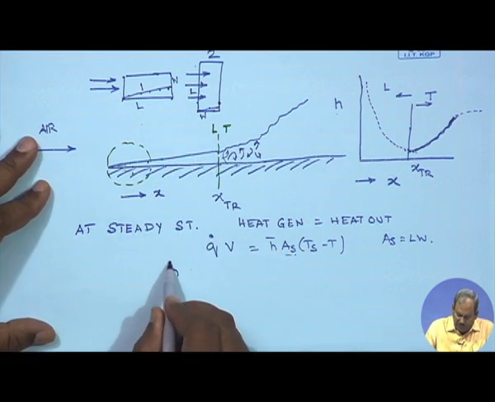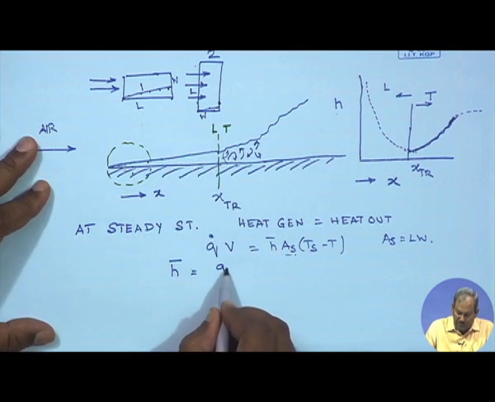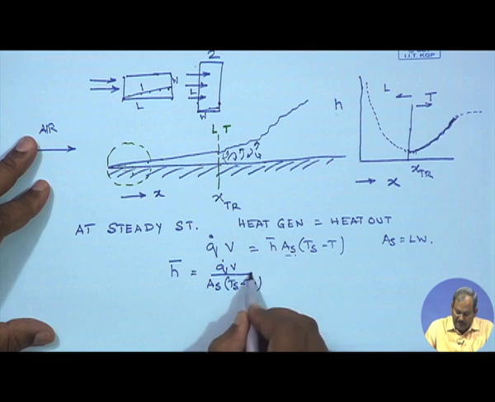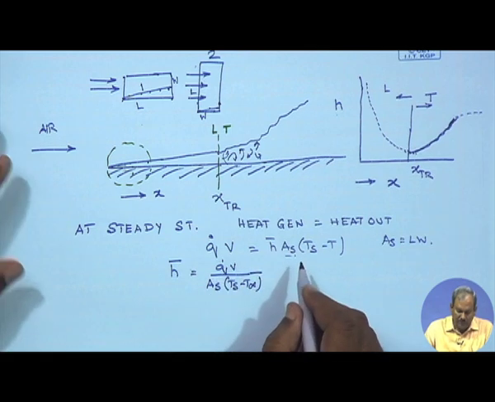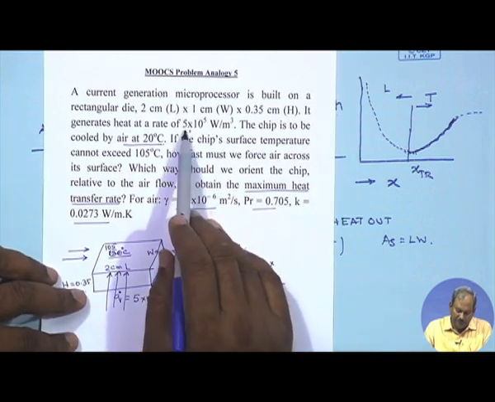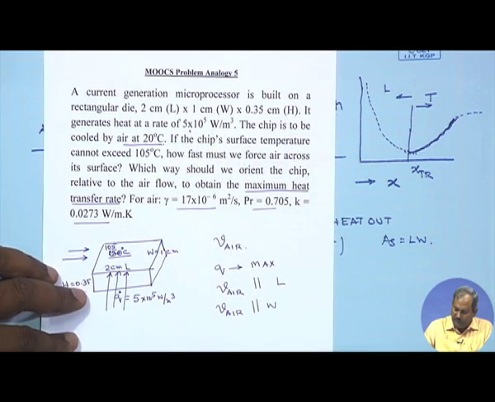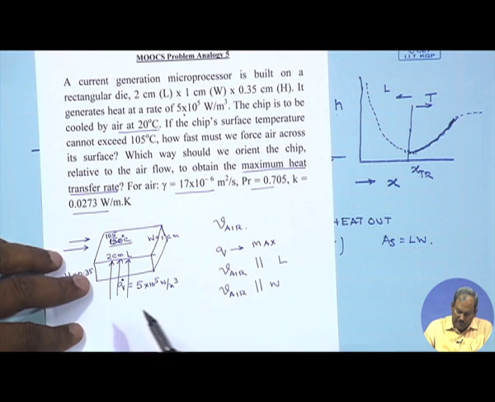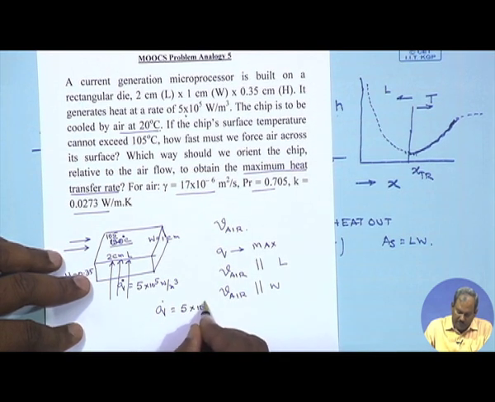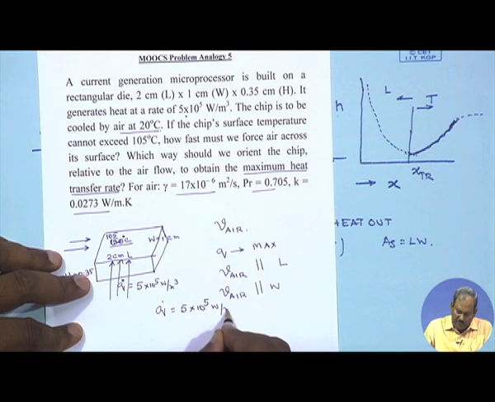So the heat transfer coefficient would be equal to Q dot V divided by A_s times (T_s minus T infinity), and the value of Q dot is provided here. Q dot is 5 times 10 to the power 5 watt per meter cube.